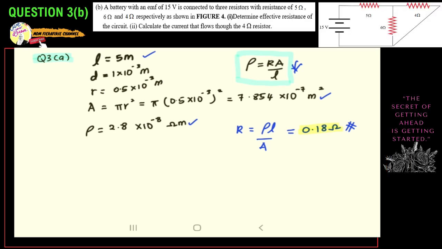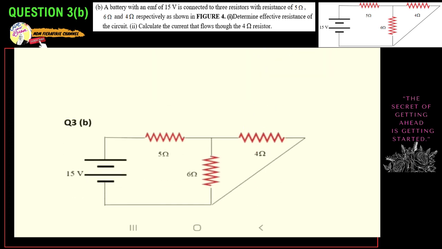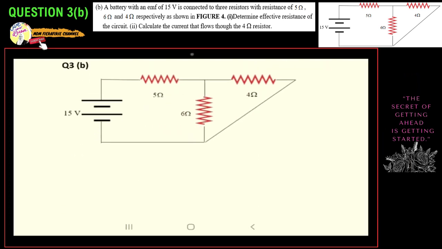Okay, let's proceed to question B. Look at this question. This time we have 3 resistors connected to a battery of 15 volt. I want to label all the resistors. To answer this question I prefer to label them so it's easier to see which ones are parallel and which are series.